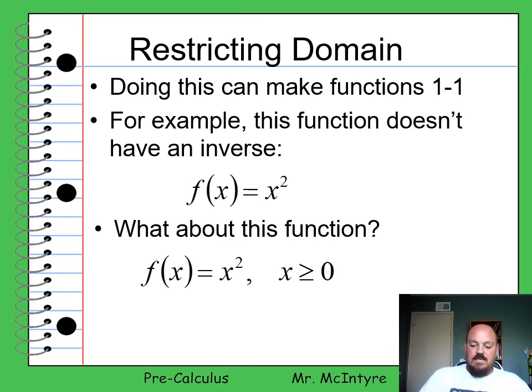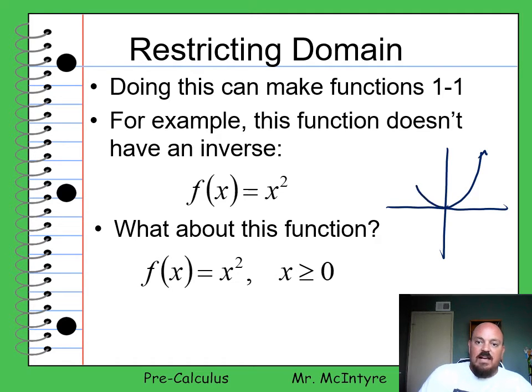Well, what we can do is this. I'm going to go up to the side here and draw you a quick sketch of what's happening. So here's my graph of x squared, and it's not one-to-one, because if I draw that horizontal line through it, it crosses it twice. Well, what I did here is I restricted the domain.